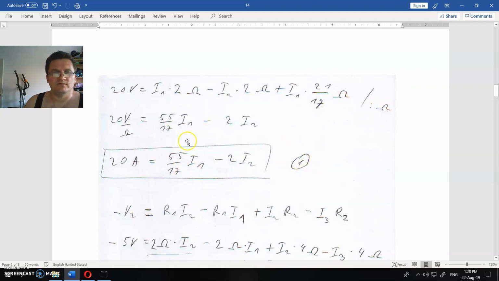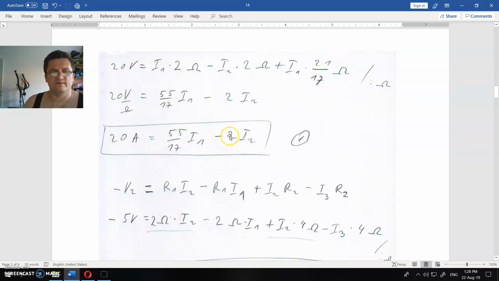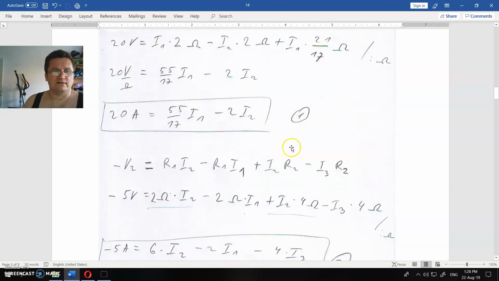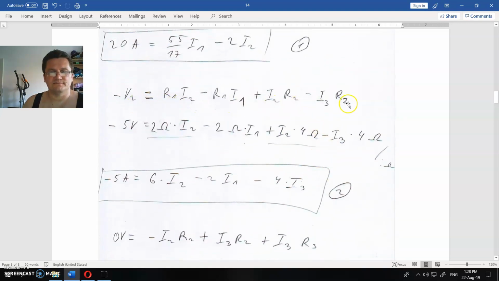So I divided by ohms here, and voltage divided by ohm is ampere. This is the first equation derived from the first contour, relating the first current and the second current, the clockwise currents that we assumed exist there. This is from the second contour, rewritten and calculated.